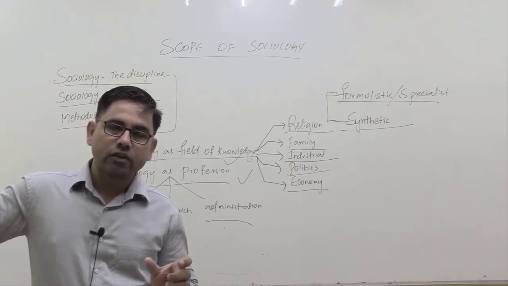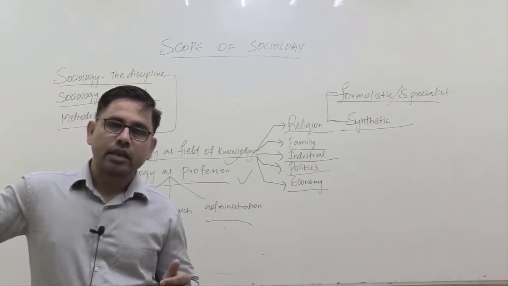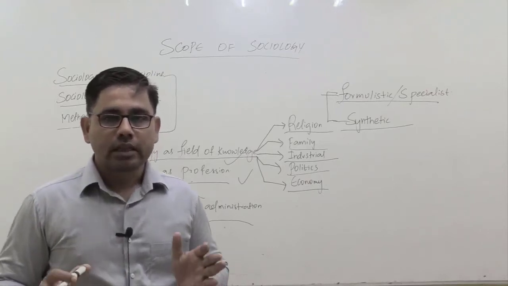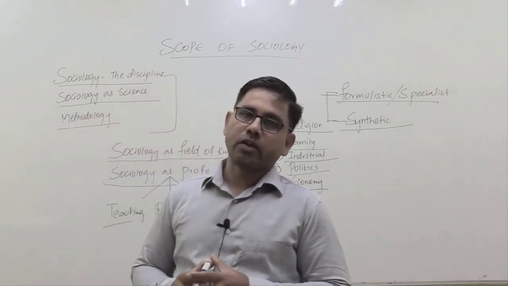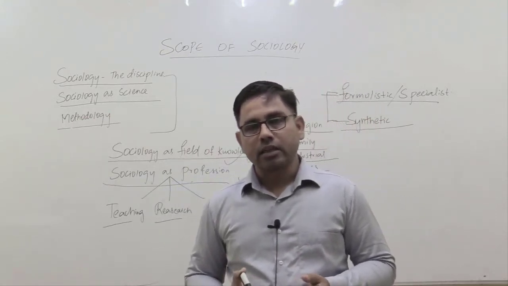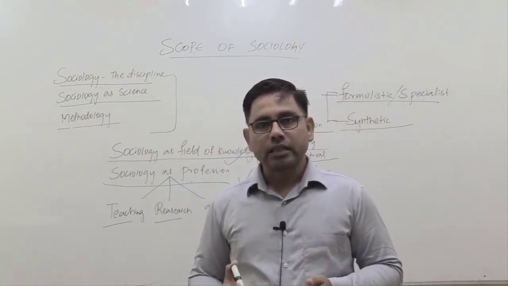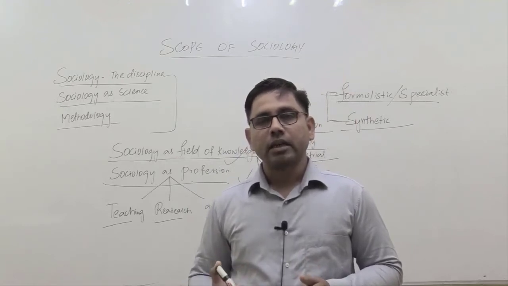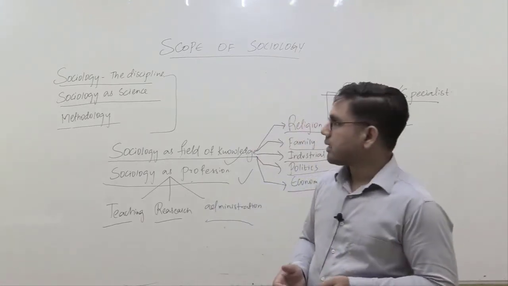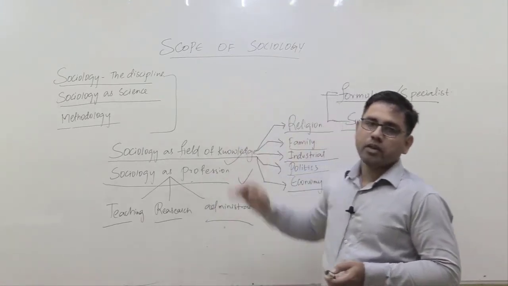So what area of our intellectual curiosity, of our academic world, this particular discipline is going to cover, that will be the scope of this subject. There are many subjects like political science, psychology, philosophy, economics; every subject, every discipline has a scope. Similarly, we will try to understand what is the scope of sociology.